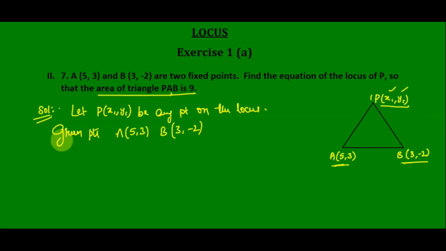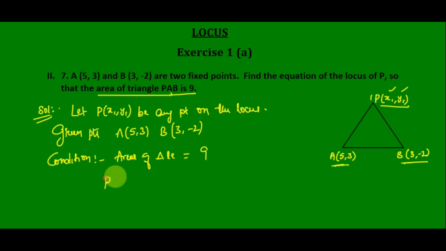Now what condition he gave here, the condition is the third step. The condition here is the area of the triangle is equal to 9. So as we know, if 3 points are given, we already studied in class 10th.